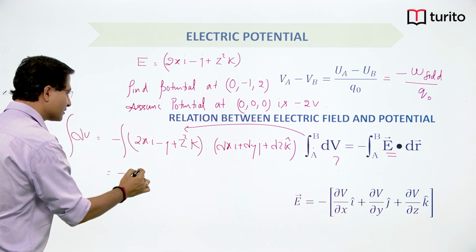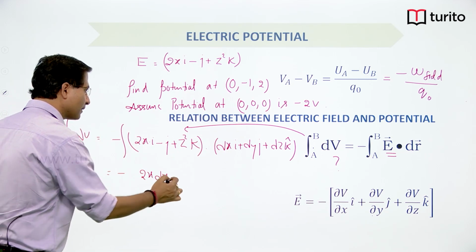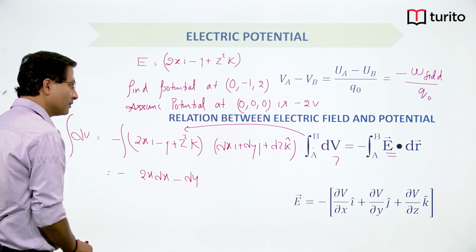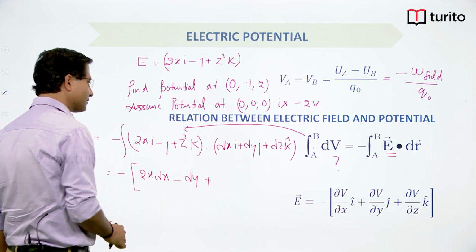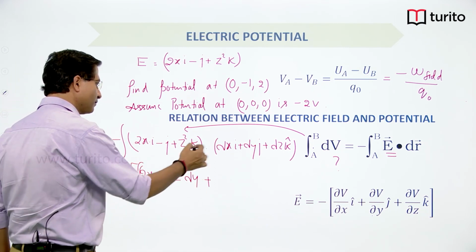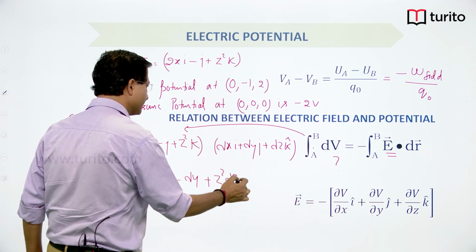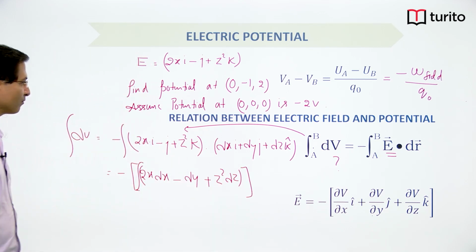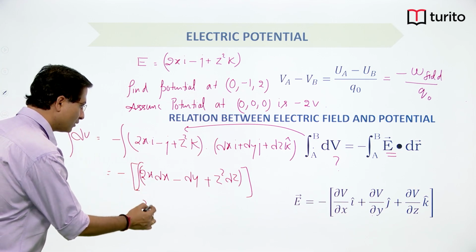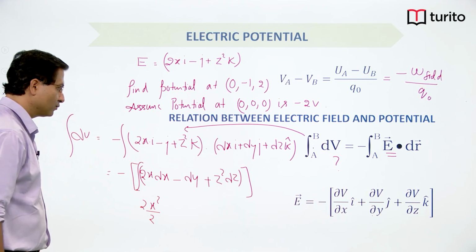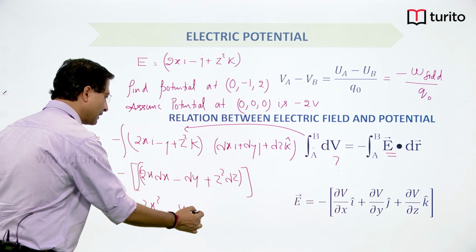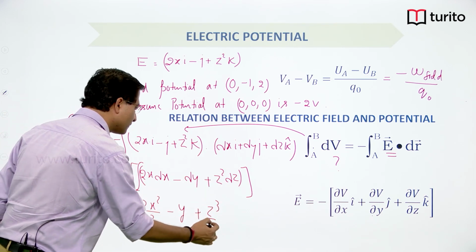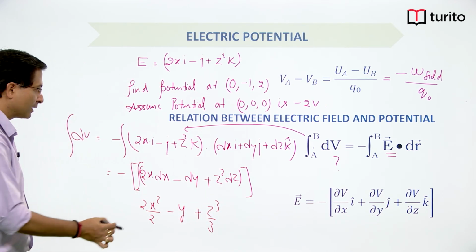So, this can be written minus 2x dx minus dy, plus, I am taking minus out, plus z square dz. If I integrate, here I will get 2 x square by 2 minus y, and then I will get z cube by 3, right.